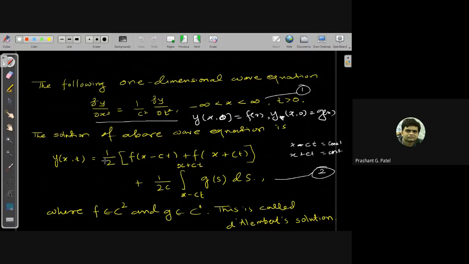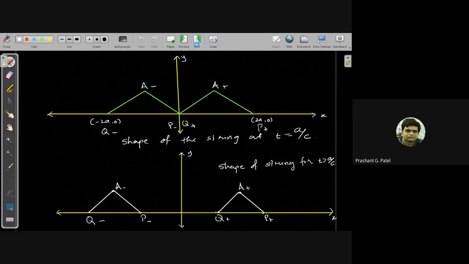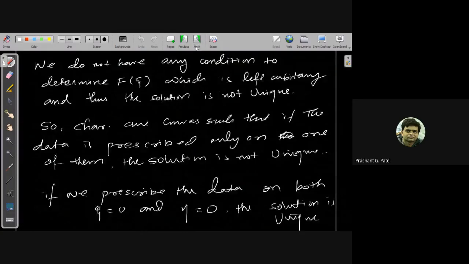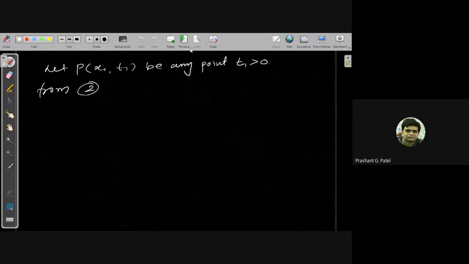if I can write down the solution at this point, that is (x1, t1), I can write it here.